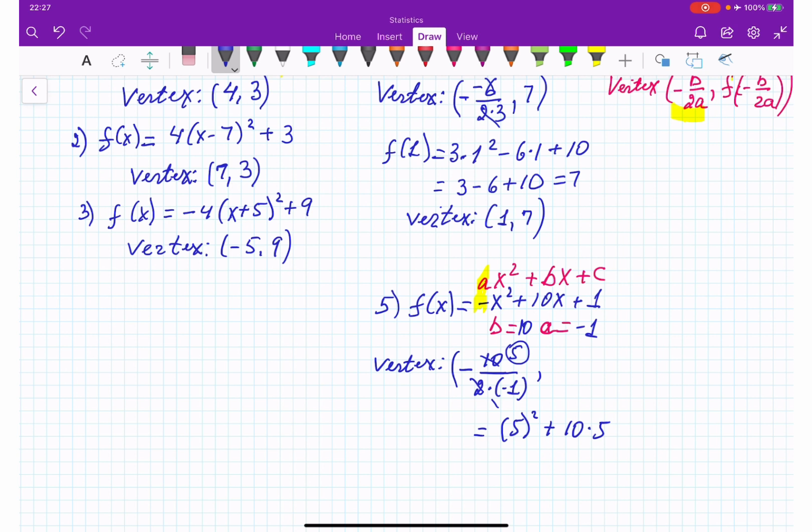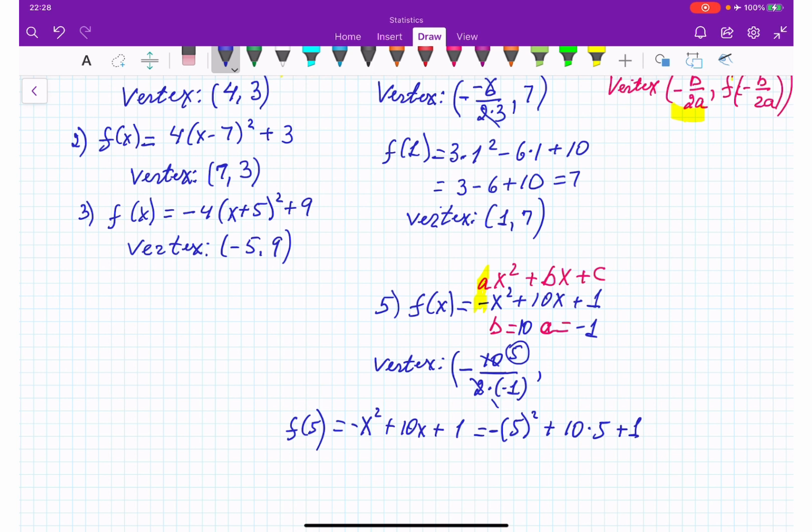I think that's a good idea. So this is 1 plus 10x plus x squared, negative. And here is f of 5, so you can understand. So we put negative 5 squared plus 10 times 5 and then plus 1.